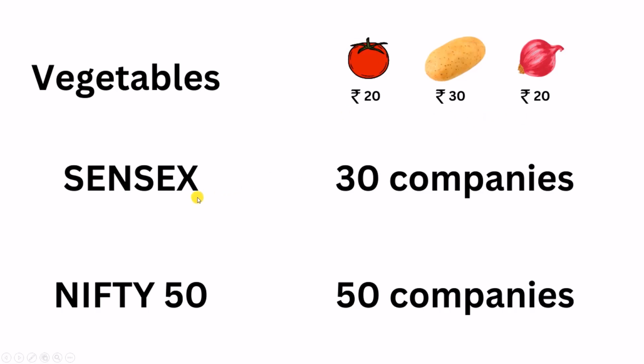The Sensex index gives you an idea of how the price of stocks of 30 companies is moving. And similarly, the Nifty 50 index gives you an idea of how the price of stocks of 50 companies is moving.